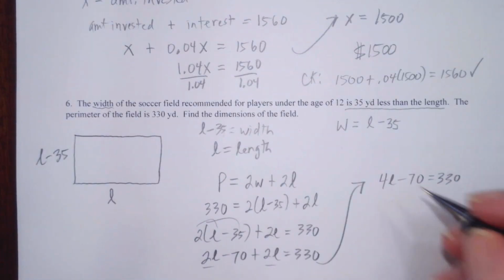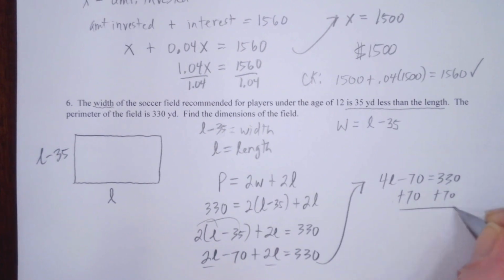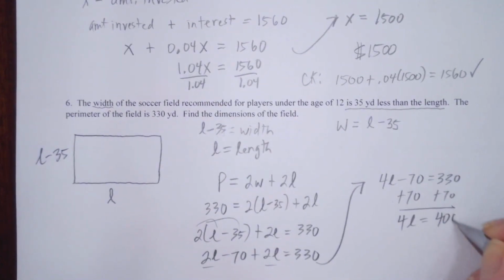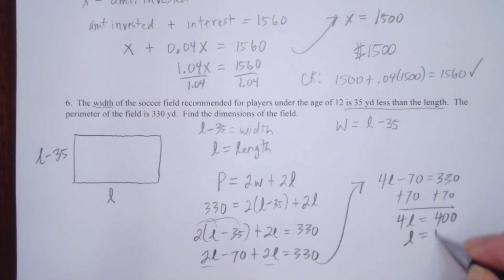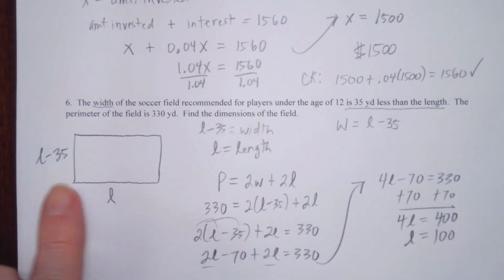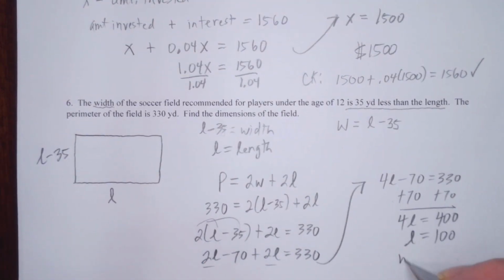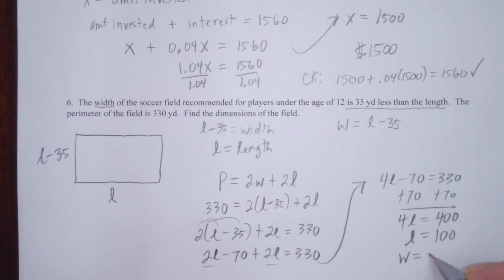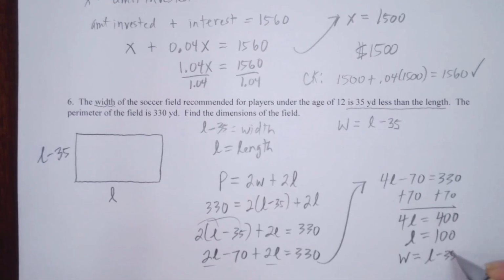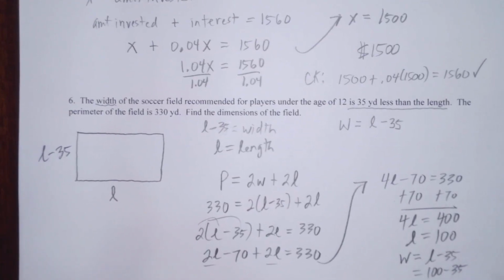This is a two-step equation. We need to add 70 to both sides. We get 4L is equal to 400, which means the length is 100. Well, that means that the width is L minus 35, or 100 minus 35, or 65.